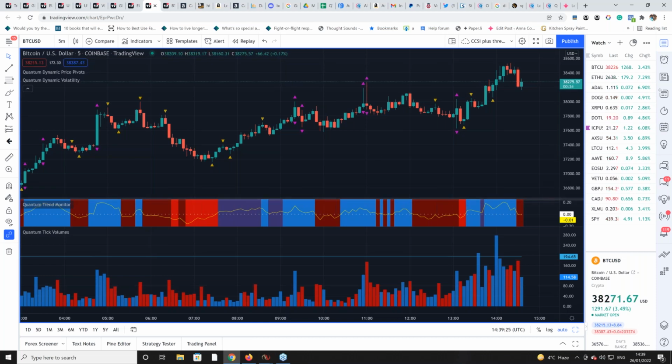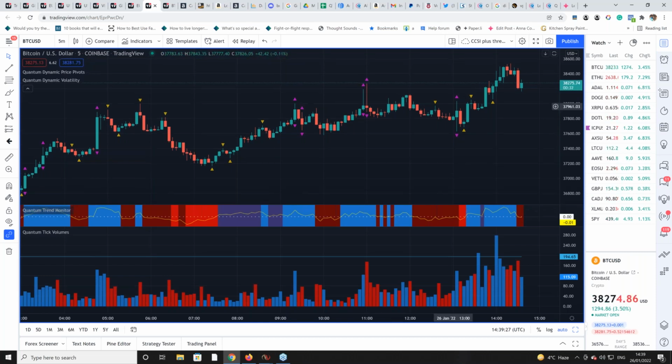We've got the trend monitor on here, we've got volatility, we've got pivots on here, and we've got the volume down at the bottom. So you're looking at the volume profile. What is the volume telling you? Well, given that this is our average, it's not designed to be the de facto, this is higher, this is lower.